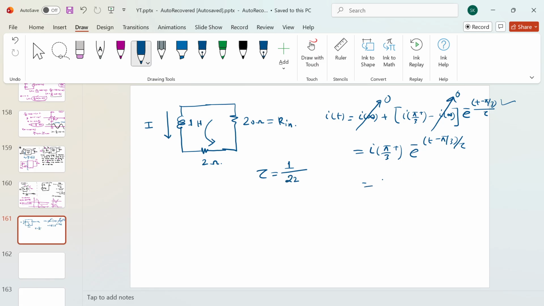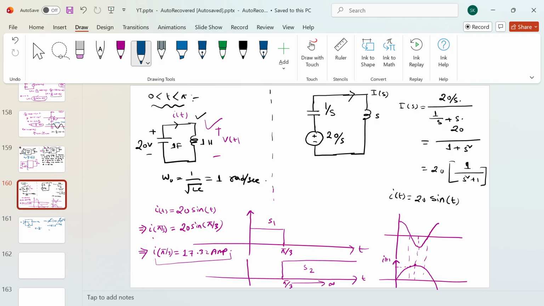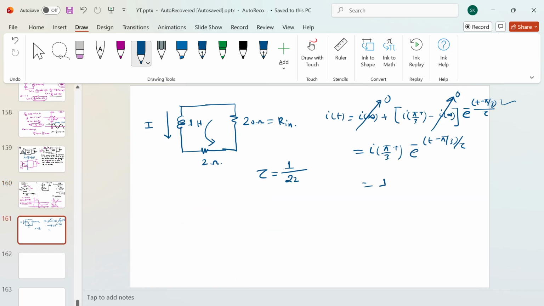And I of pi by 3 is simply 17.32, right? So 17.32 e to the power minus 22 (t minus pi by 3). So this is the equation you have for the current I of t.